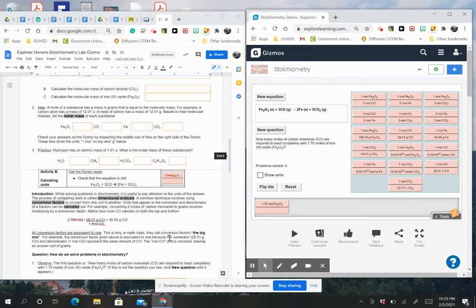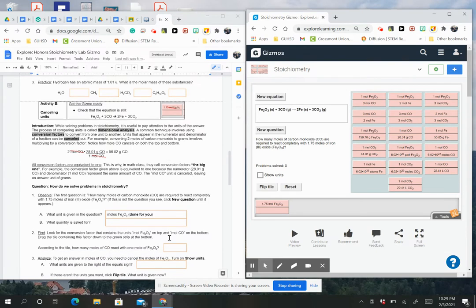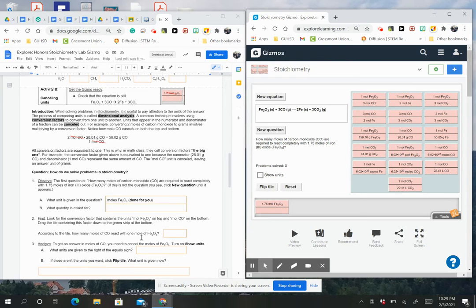The next thing that you're going to do is practice dimensional analysis. The first one walks you through how to do stoichiometry problems, and then you're going to continue that with some more examples. So right here, we're looking at 2 moles of carbon monoxide, and we want to go to grams of carbon monoxide.